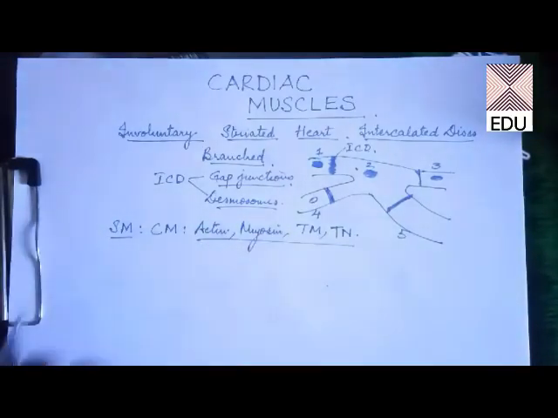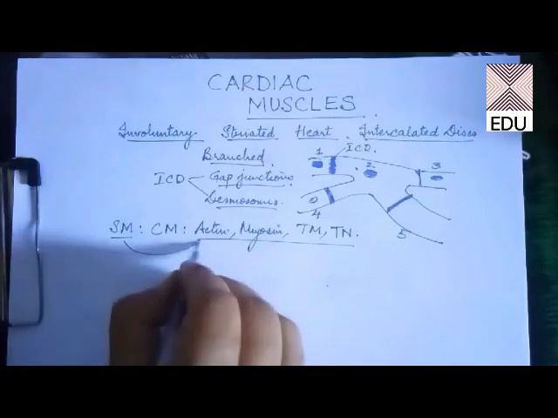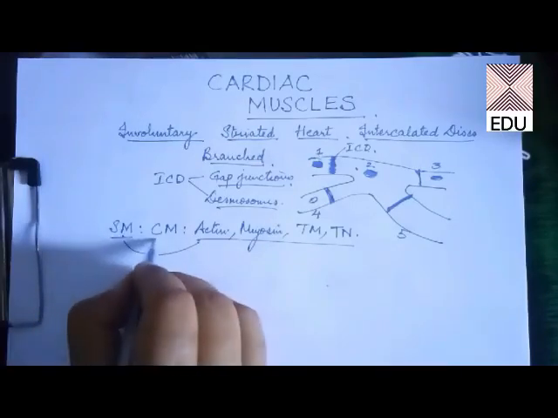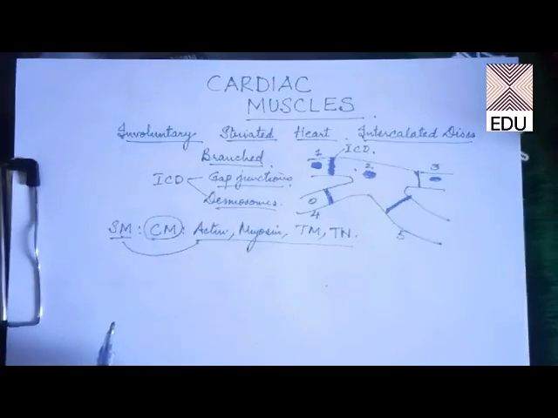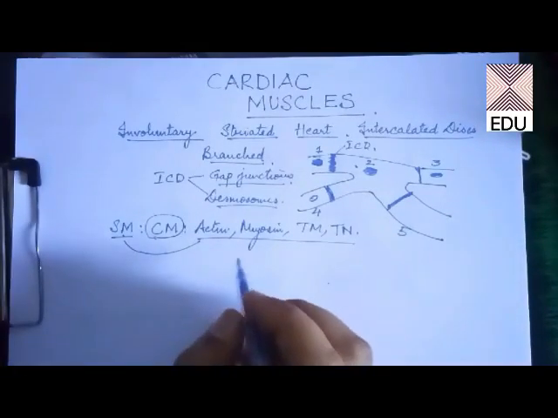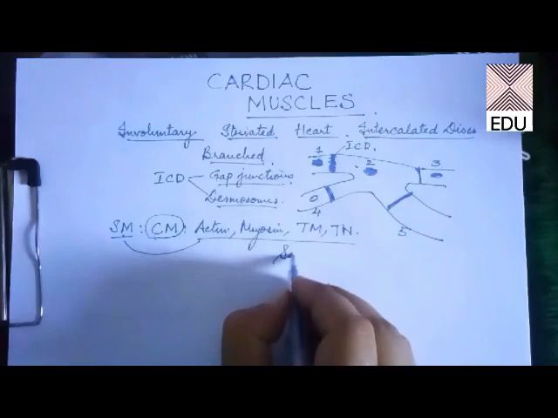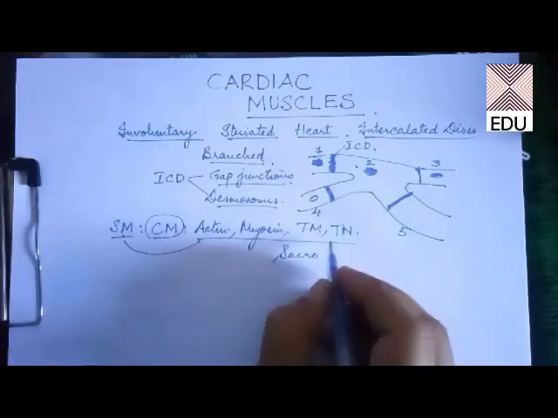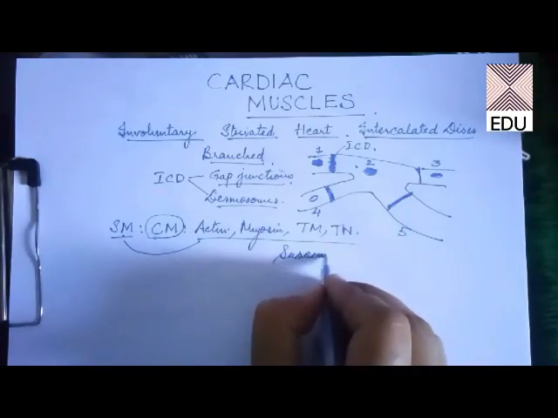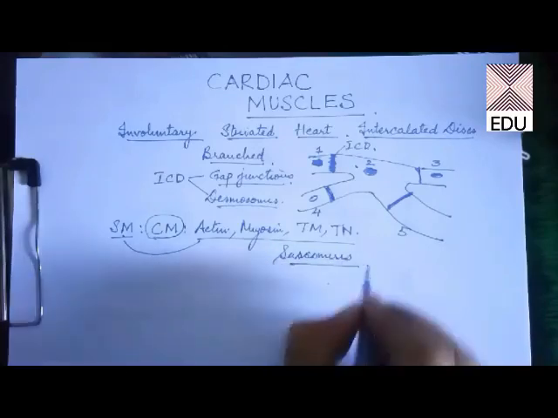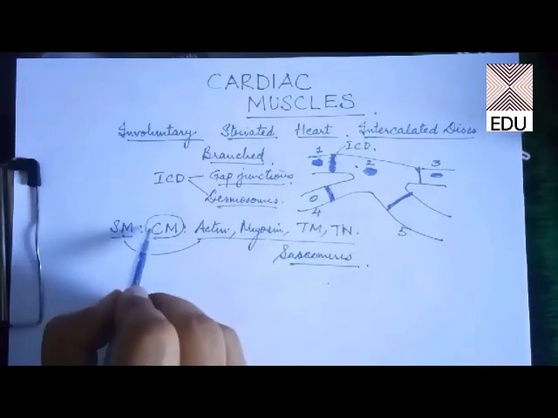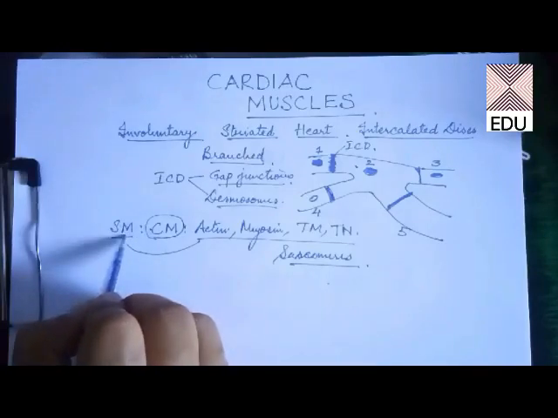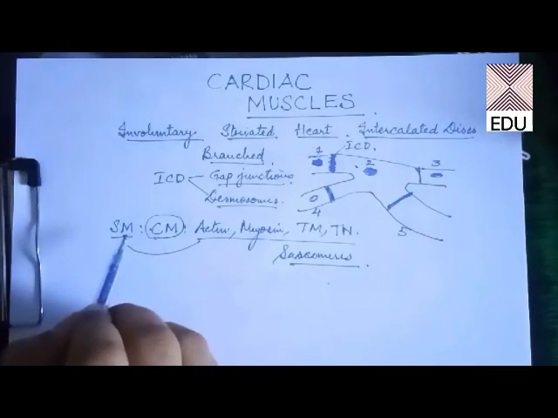So all the proteins which are present in the skeletal muscles, they are present in cardiac muscles also. Moreover, they also have the sarcomeres as the skeletal muscles do. So that means cardiac muscles and striated muscles, they are very similar in structure.